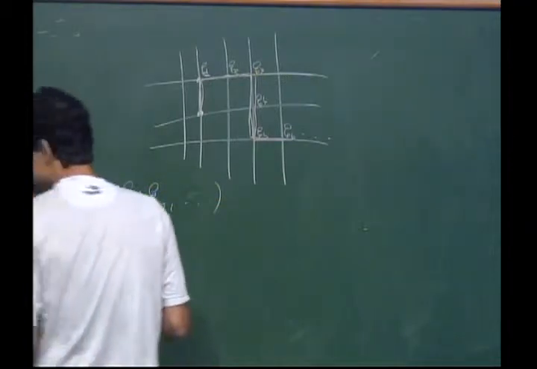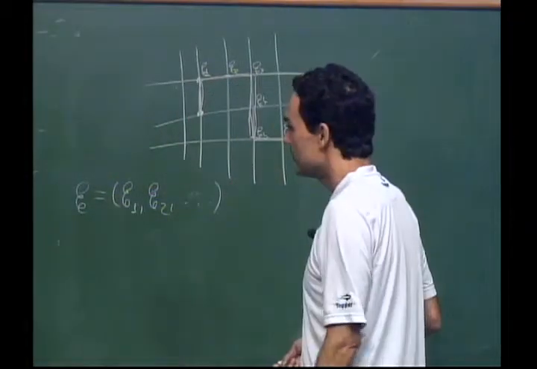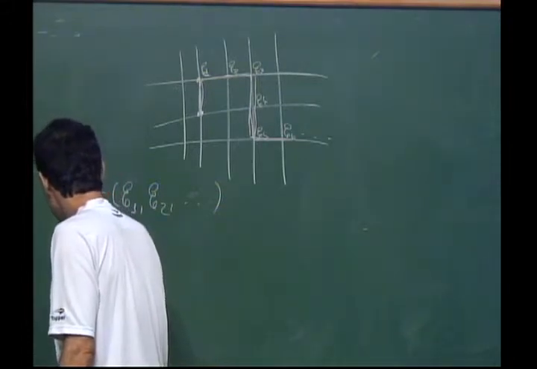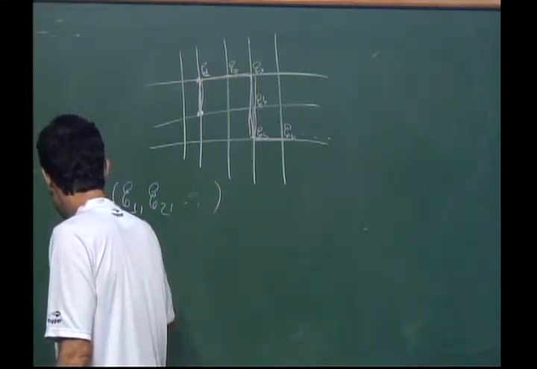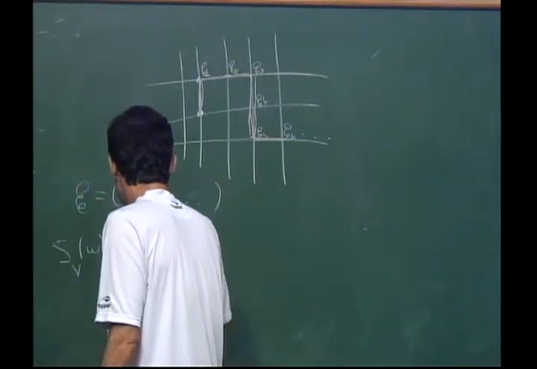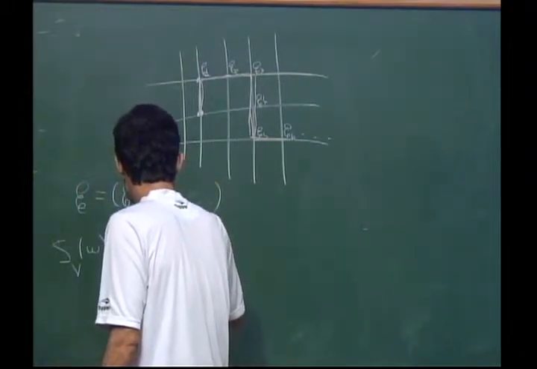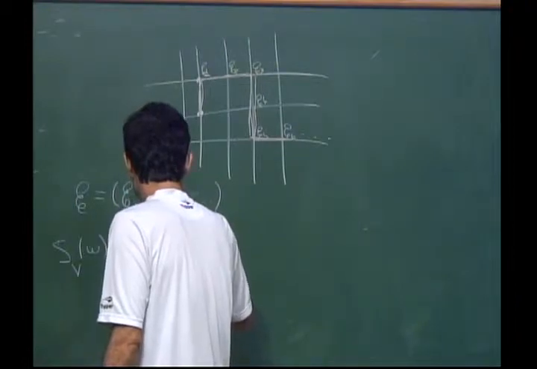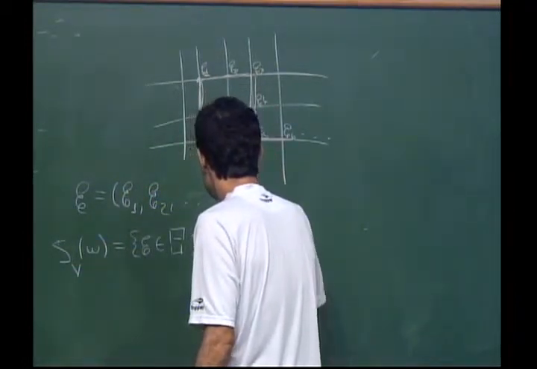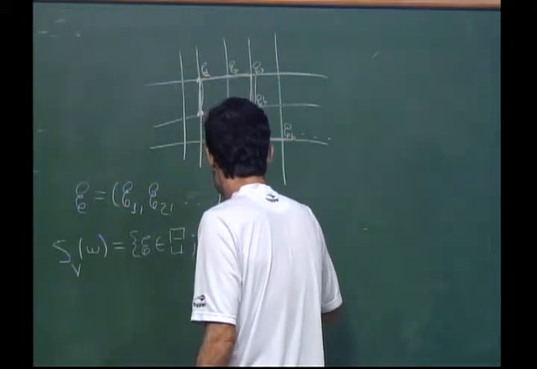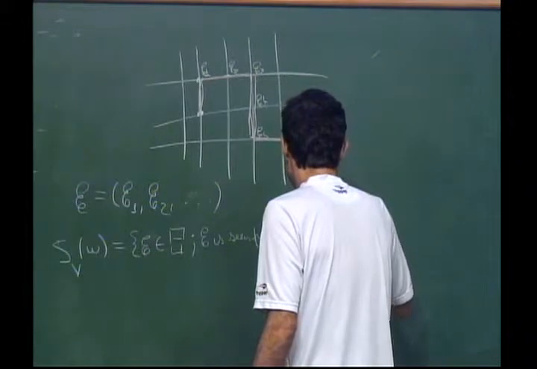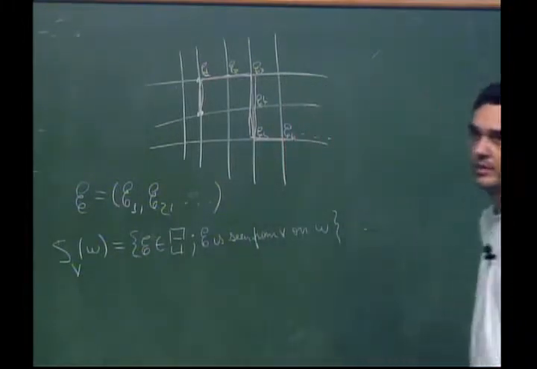And to shorten the notation, I will denote by S_v(omega) the set of the words such that xi is seen from v on the configuration omega.